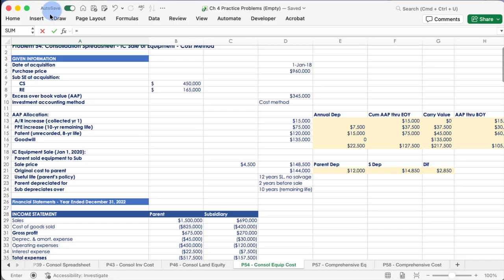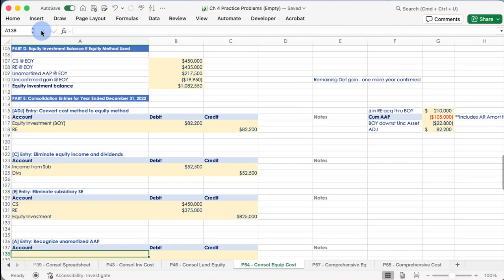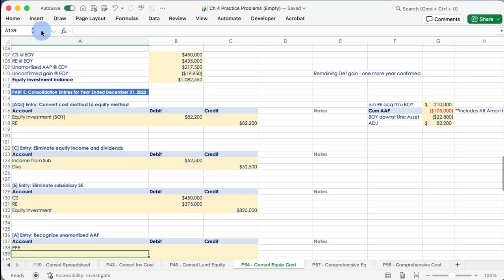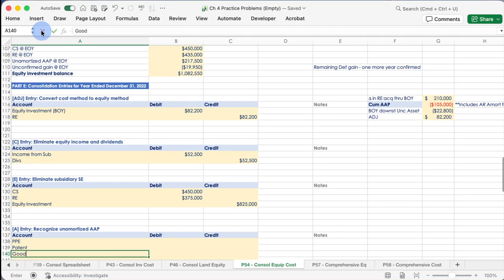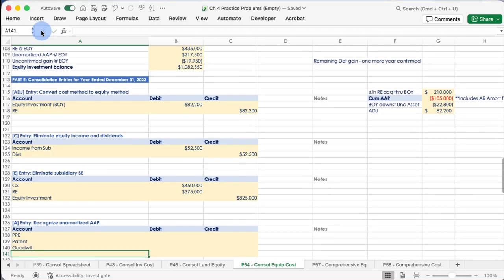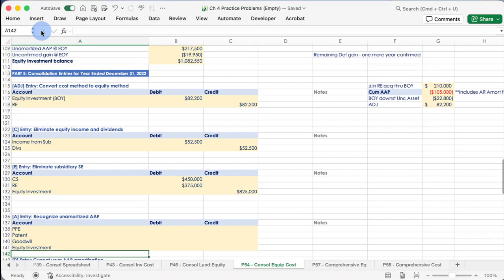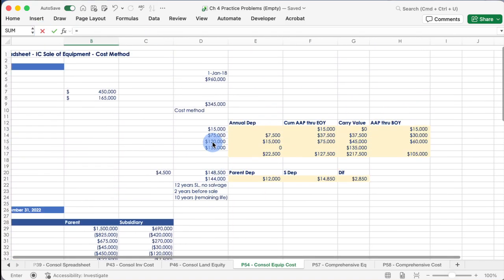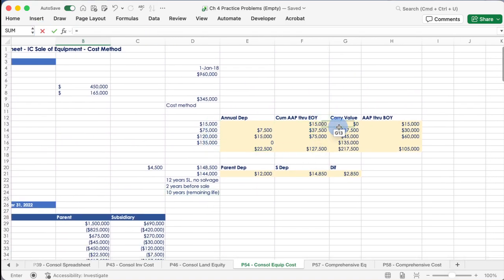So instead of cell referencing, I'm just going to type PPE, patent, goodwill, and equity investment. And this is going to be a value that we didn't even put here because this is the end of year amount and we actually need the beginning of the year amount.